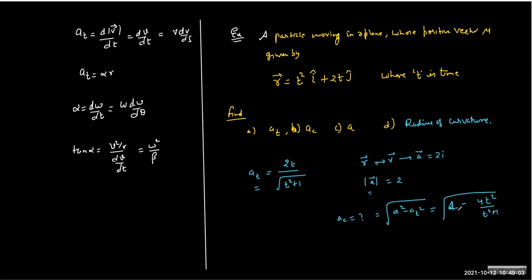And if you take the LCM, it becomes exactly 4 by t square plus 1, so AC is 2 upon root of t square plus 1. So this is the value of AC. That's correct. Is it clear? Understood, sir.